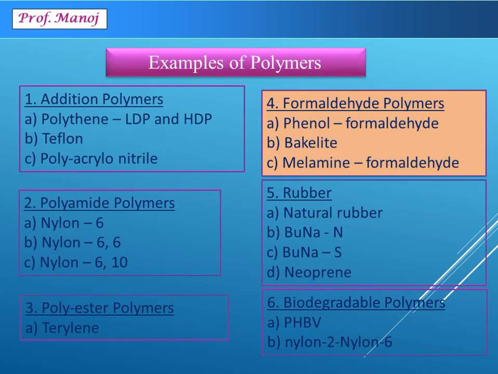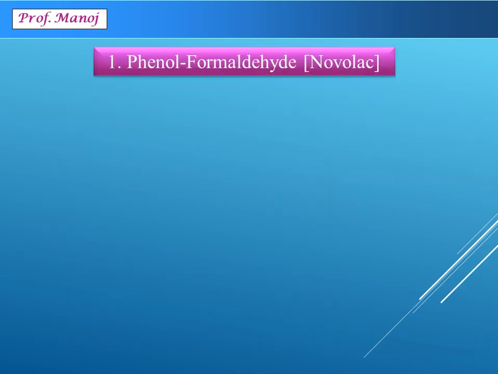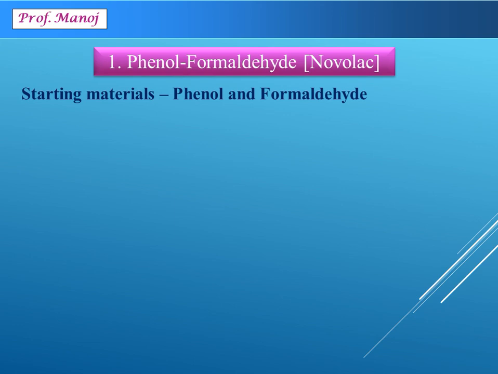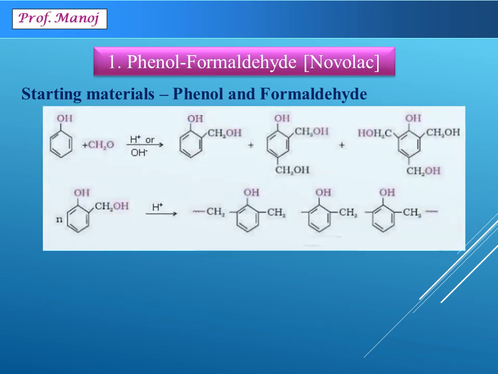The next set of polymers we take is formaldehyde based polymers. We have to study three polymers under this. Let us begin with the first one, phenol formaldehyde polymer, also known as Novolac. As the name suggests, this is being obtained from phenol and formaldehyde. This has multi-step synthesis. Watch it very carefully. First, phenol is treated with formaldehyde.